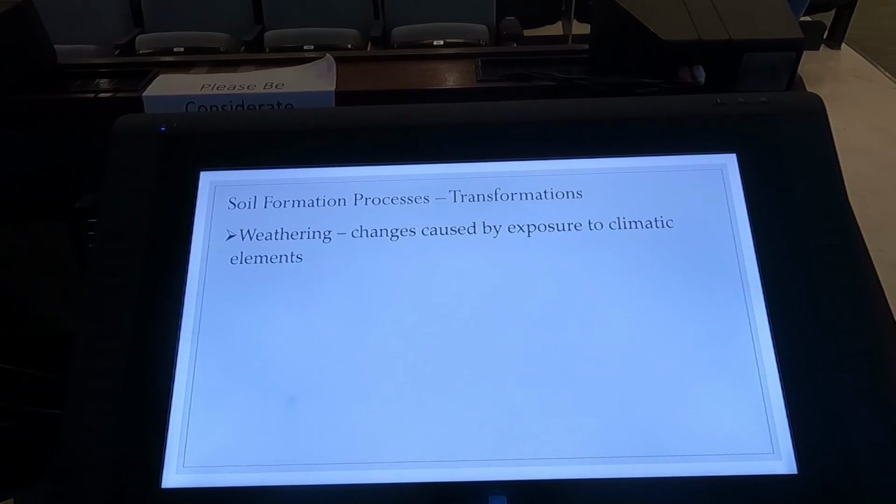And then finally, transformations. Primarily going to be the weathering process, being exposed to different climatic conditions that are going to break or disintegrate or erode or change the composition of some mineral, one of our parent materials.